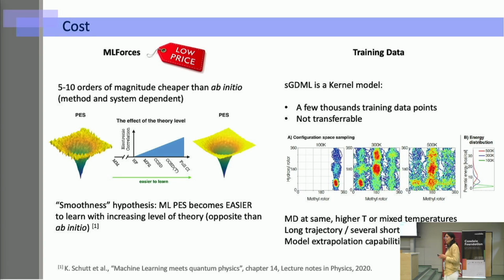On the negative side, it's not transferable. And then if we tune the temperature and produce the data, we need to work with data that is produced at the temperature of interest or higher.